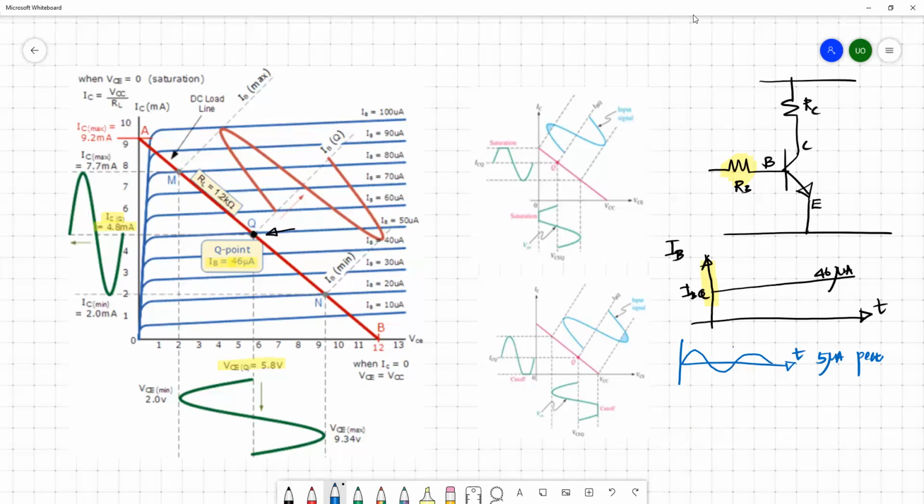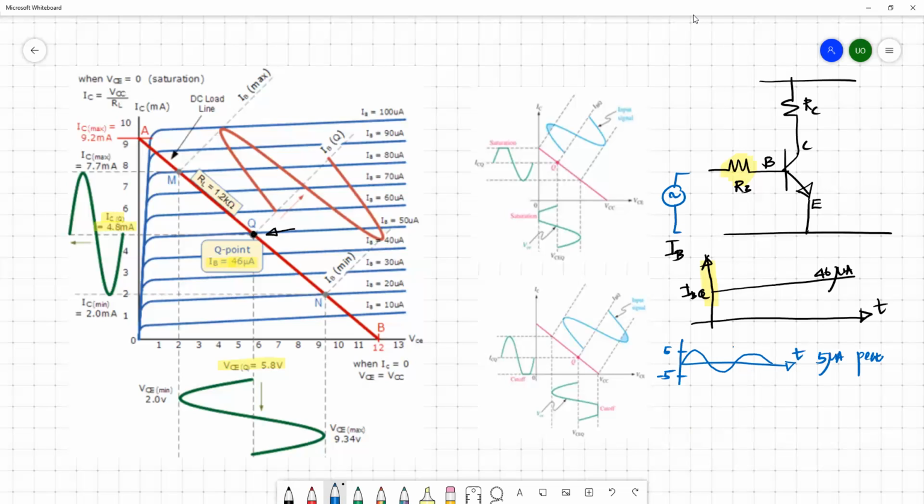I just plug an external current source to here, and through this source I am generating a 5 microampere peak current. So this is like 5 micro, and this is like minus 5 micro.